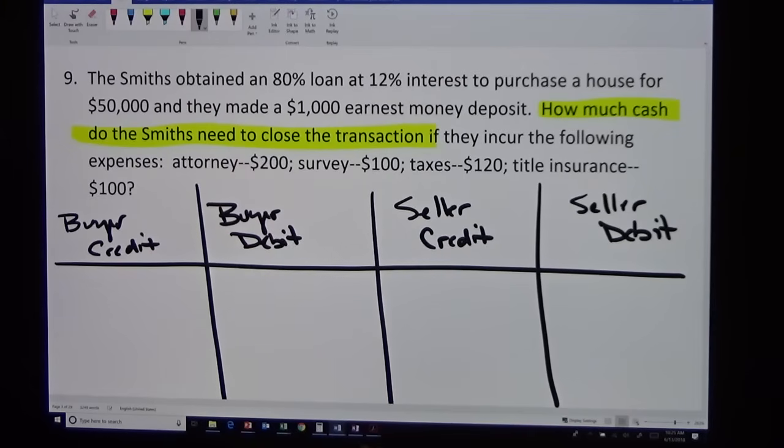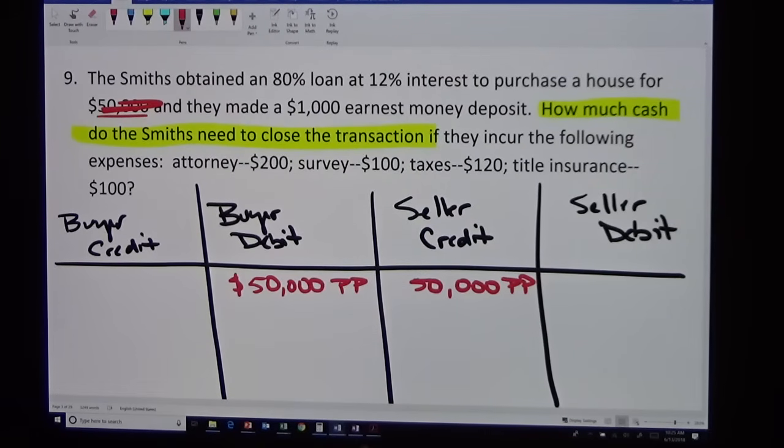And so let's start. It says the Smiths obtained an 80% loan at 12% interest to purchase a house for $50,000. Well, there's our first piece of information right there, $50,000. So that is the purchase price. That's going to be a debit from the buyer, $50,000 for the purchase price, and it's going to be a seller credit for $50,000. So we're done with that.